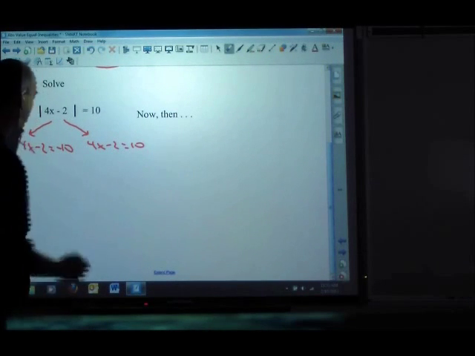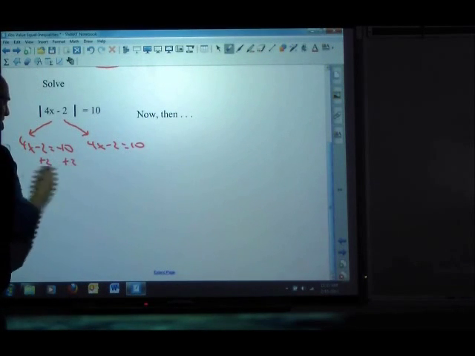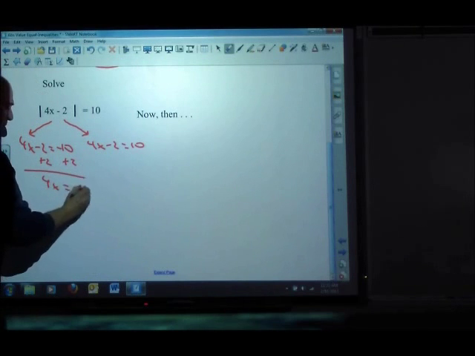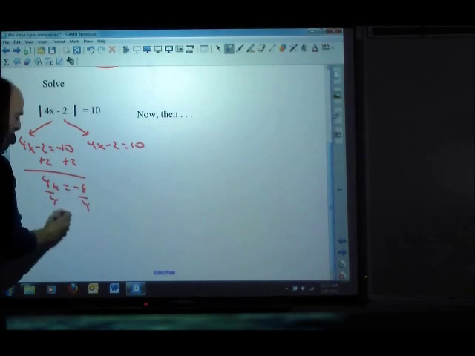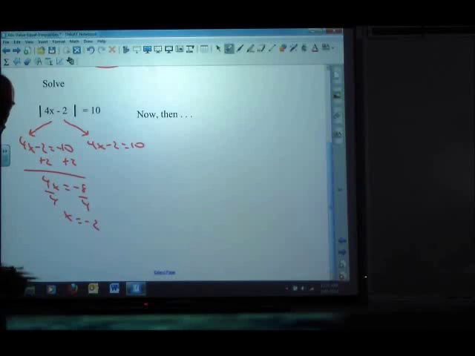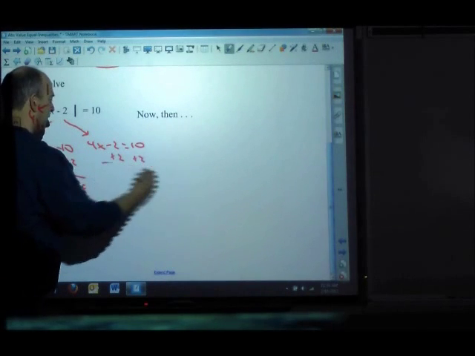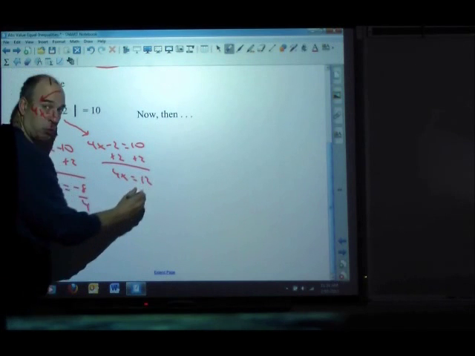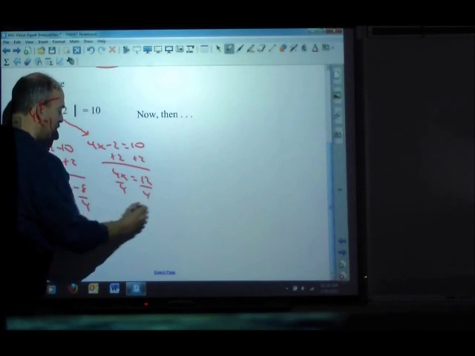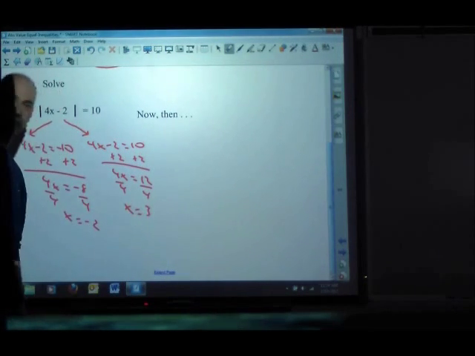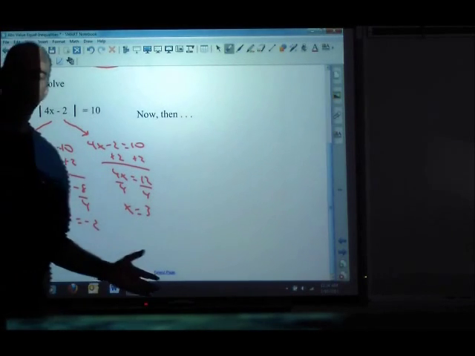Then solving is solving. We've been doing this for years. We get the letter by itself, we undo combining first, and we get an answer. I get x is -2. On the other side, 4x equals 12, so x equals 3. You can always check answers to equations.